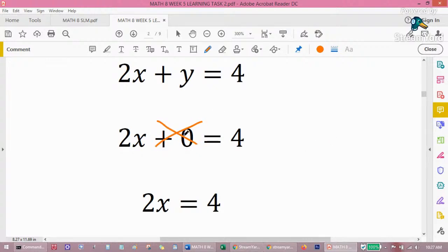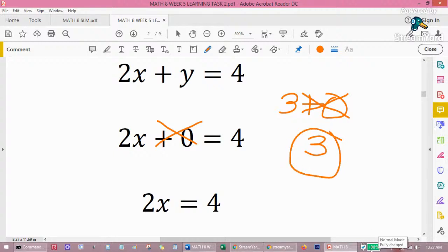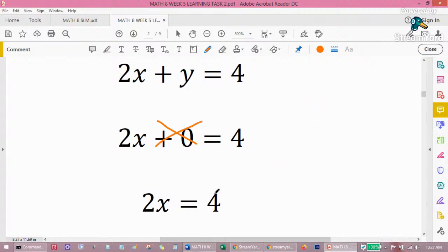So, 2x plus 0 is 2x. Parang sinabi mong 3 plus 0, that's also equal to 3. So, parang tinanggal mo lang yung 0. That's equal to 3. Para mabawasan yung mga nakasulat dyan.